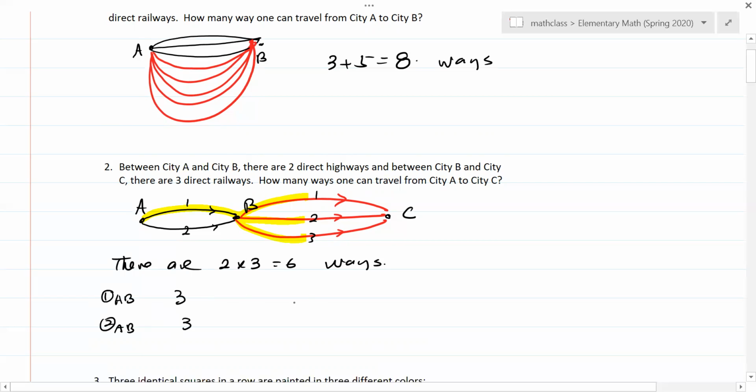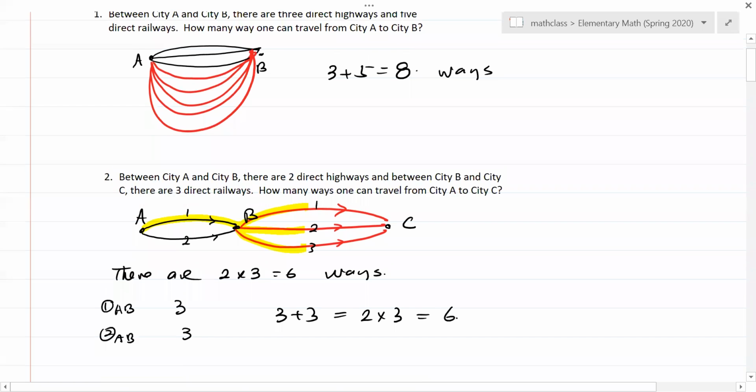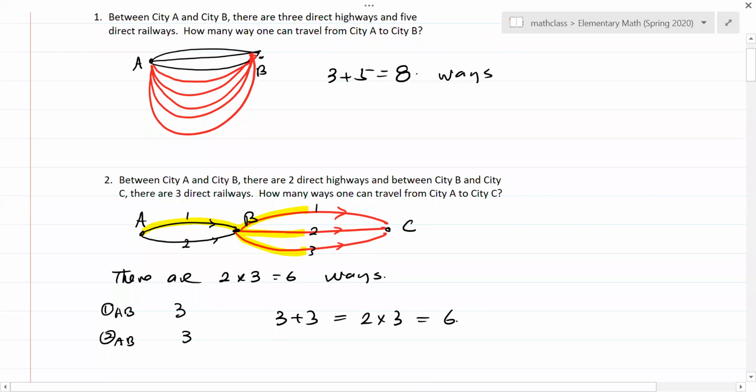So the total here is 3 plus 3, but actually 3 plus 3 is 2 times 3. That's 6. This is how we calculate. The 2 depends on how many roads there are from A to B. For each road, you have 3 railways from B to C. That's why you use a product.